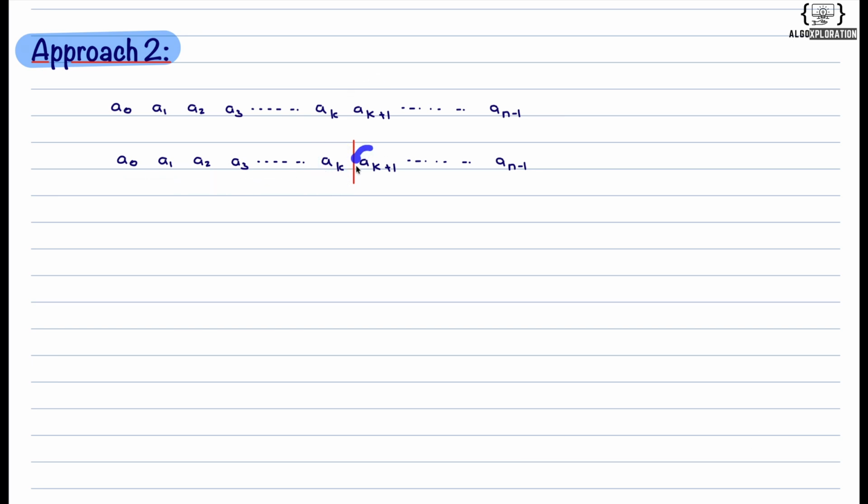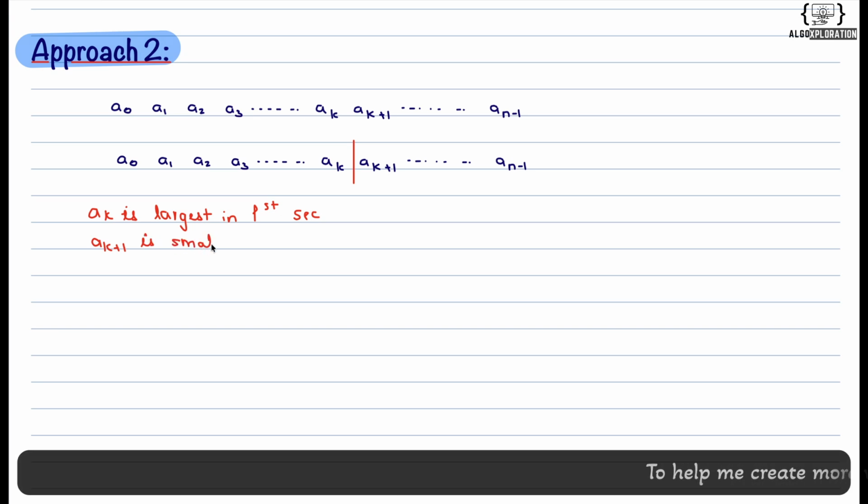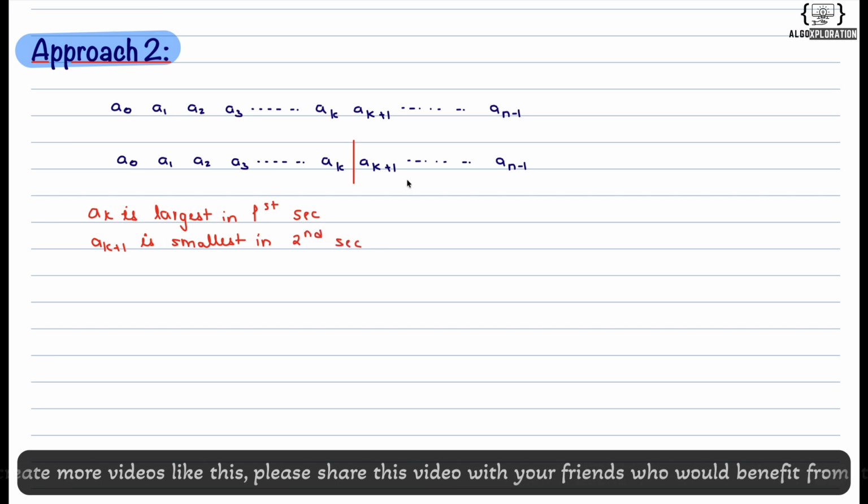And this value is the smallest in this section, right? So please keep in mind that a of k is largest in the first section and a of k plus 1 is smallest in the second section. Please keep this in mind.